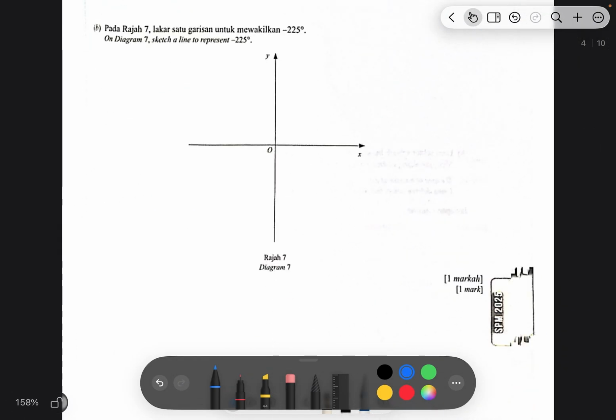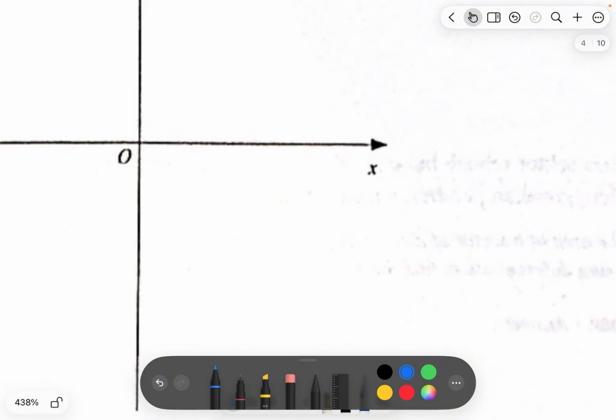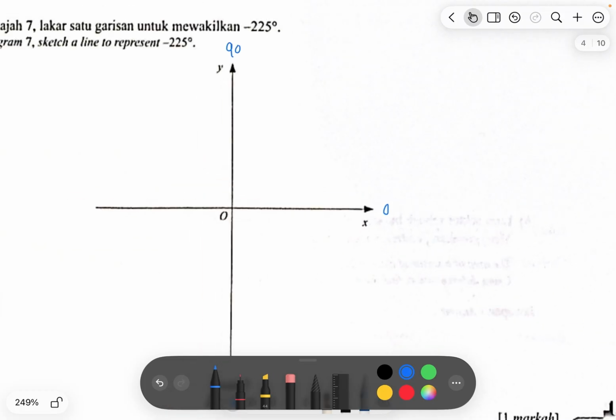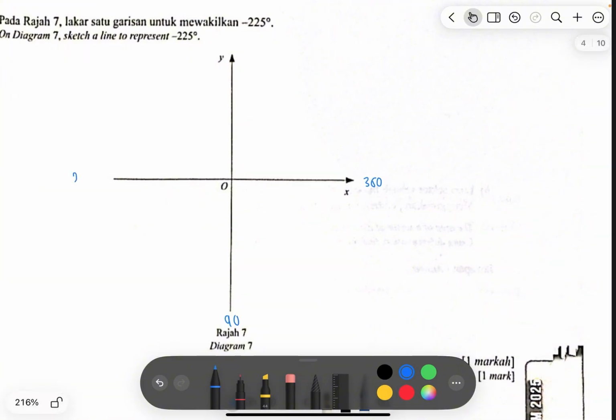Okay, so now sketch a line to represent negative 225. It's very easy. When positive, here is 0, here should be 90, here should be 270, here should be 360. But when negative, everything flips. So this will be 360, this will be 90, this will be 180, this will be 270.